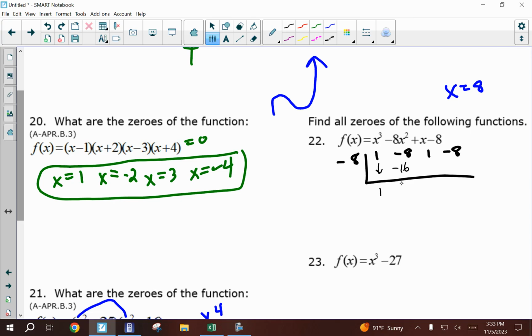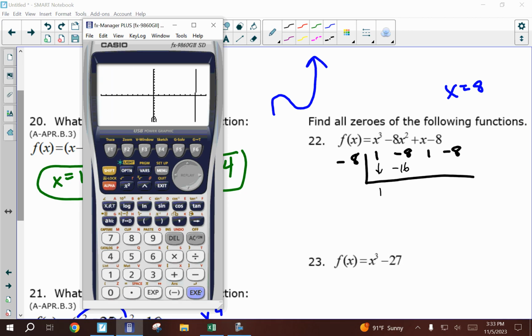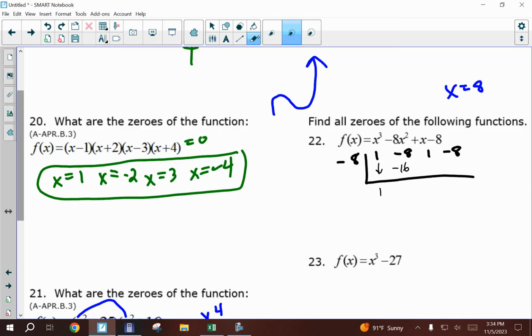Hang on a second. Double checking some stuff. Let me make sure I type this in right. So x cubed minus 8x squared plus x minus 8. Something looks fishy. Oh, I put in the 16. That's not a 16. It's crazy talk. Okay, here we go.